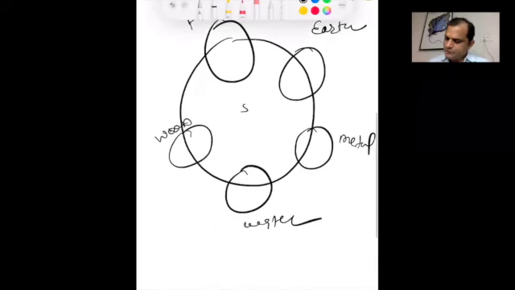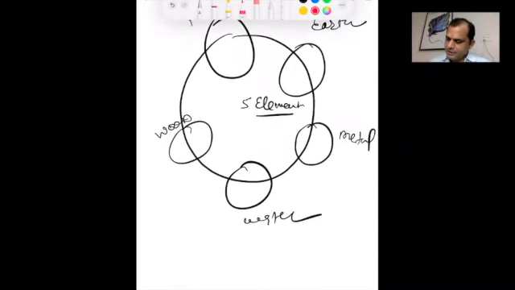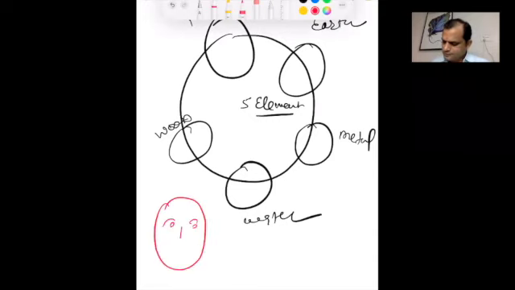All these five elements are reflecting in our beautiful face. Whatever change is happening in the five elements in the body, the same thing is happening over the face. Same thing is happening on the muscles of the face.